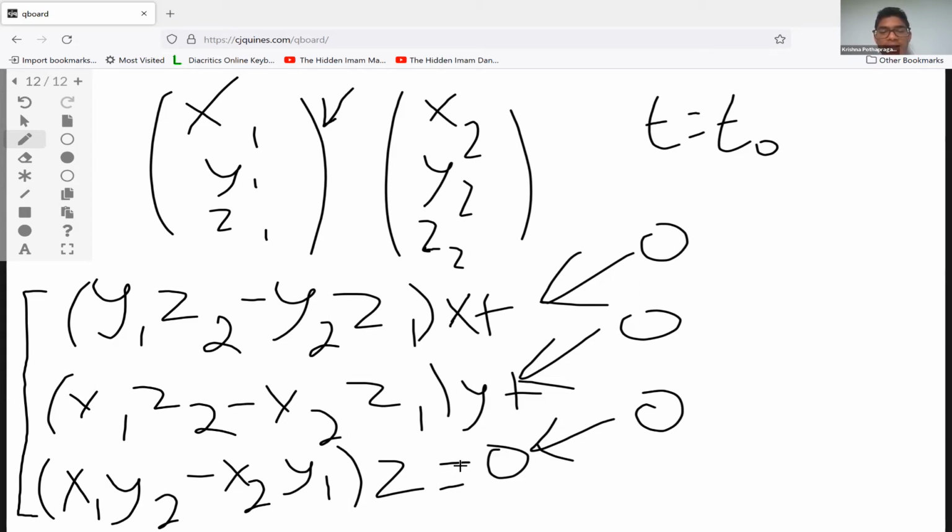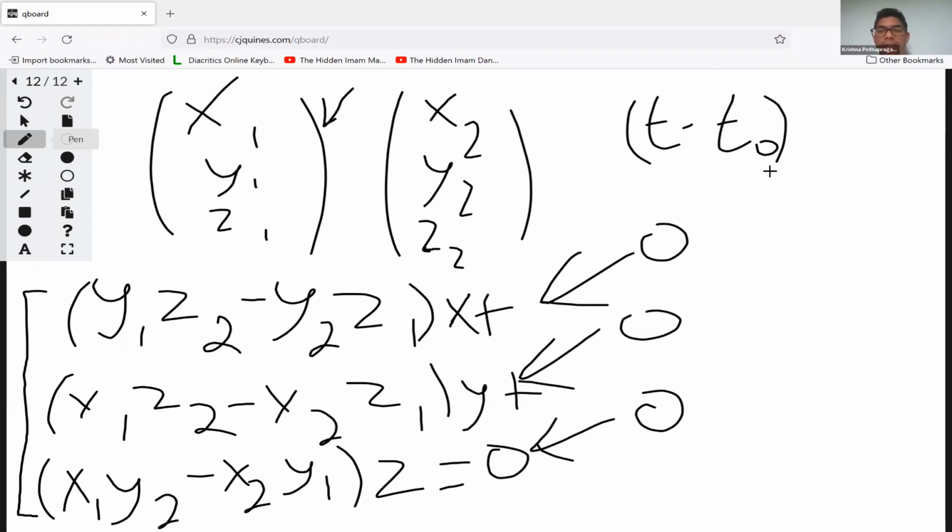becomes 0x plus 0y plus 0z equals 0, which means they all have a factor of all the three polynomials that make up the coefficients of x, y, z. They have t minus t0 as a factor, so we can just divide that factor out.